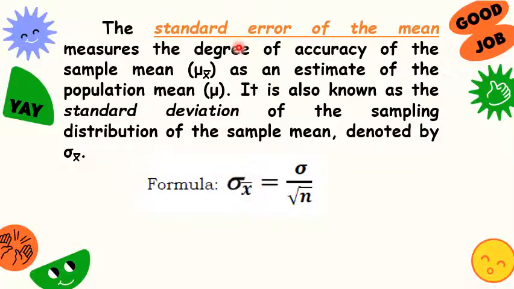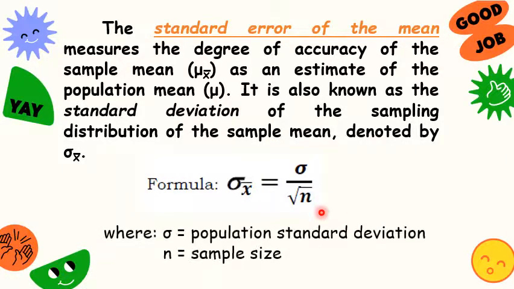Kasi yung standard error is also the same as the standard deviation. Ito ay standard deviation of the sample mean. Diba? So, pareho lang sila. So, kapag kinompute natin ito, malalaman natin yung standard error. No? Where yung sigma, ito, syempre, is the population standard deviation. At itong n is the sample size.